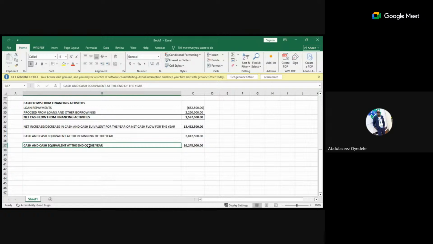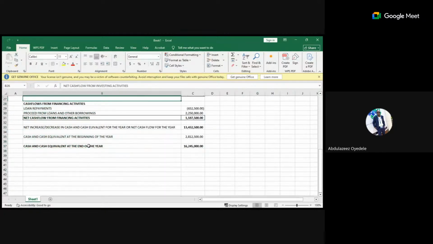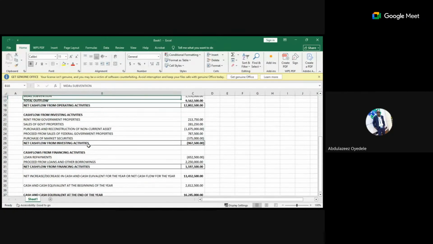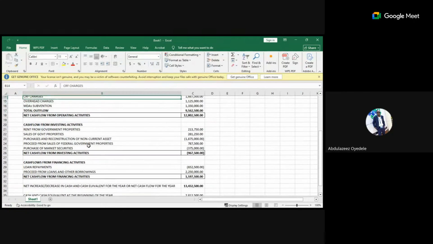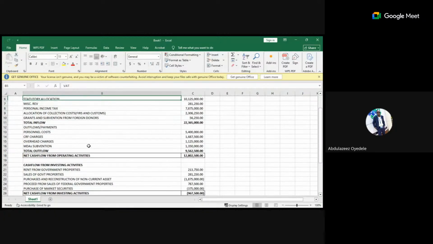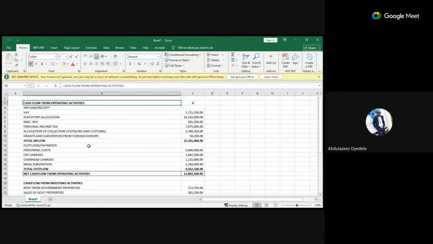So that is the step-by-step way of preparing the cash flow statement. The three headings, like I said earlier, the toughest task of this is for you to identify the headings where you will put each item.